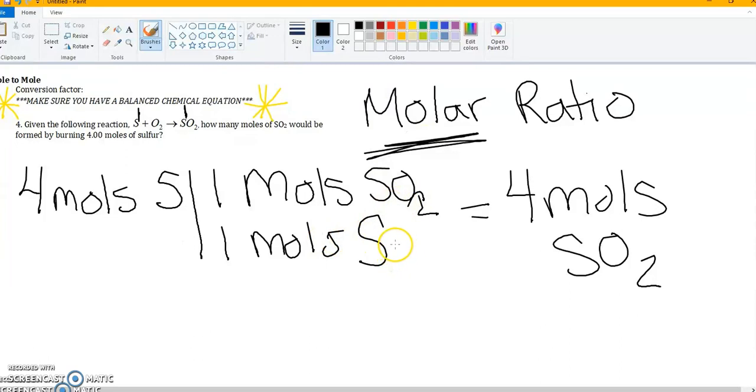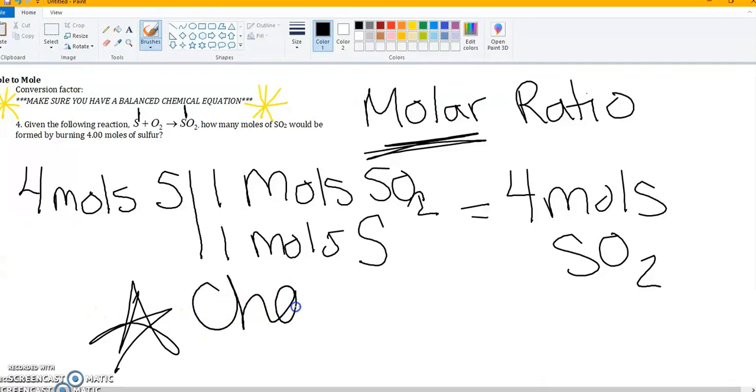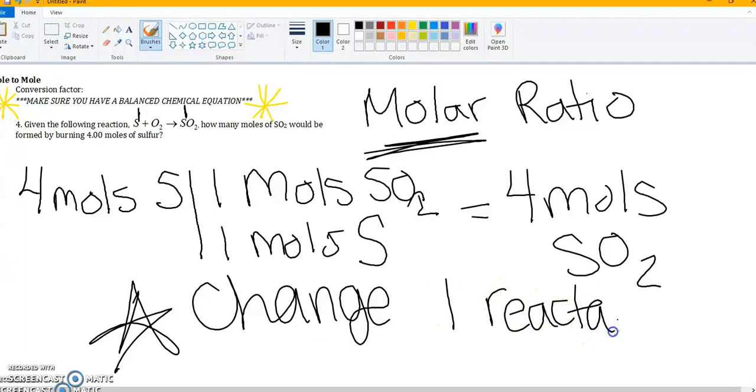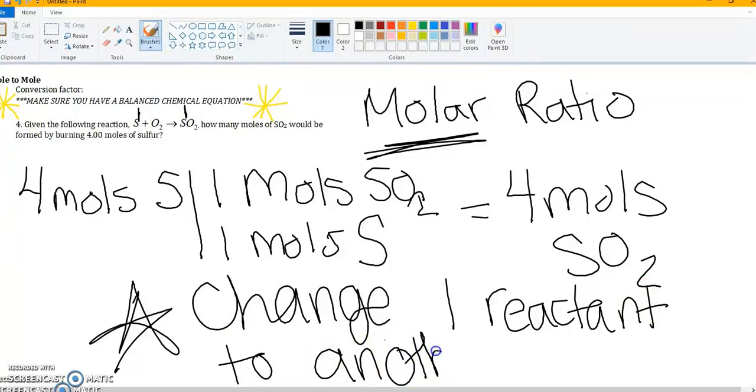Okay? Now, here's something I also want you to star, remember, put a note by. The only way you can change from one reactant or product to another is through moles.